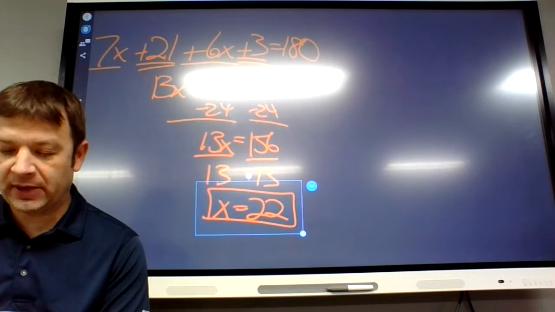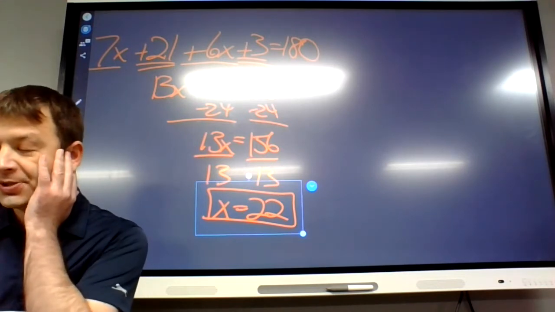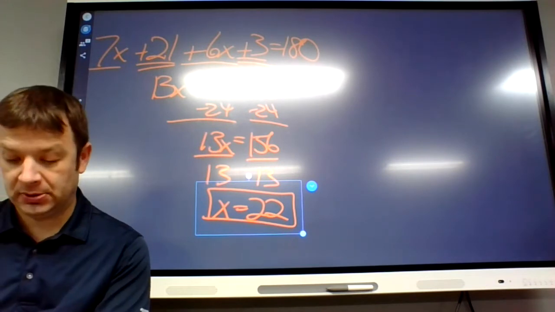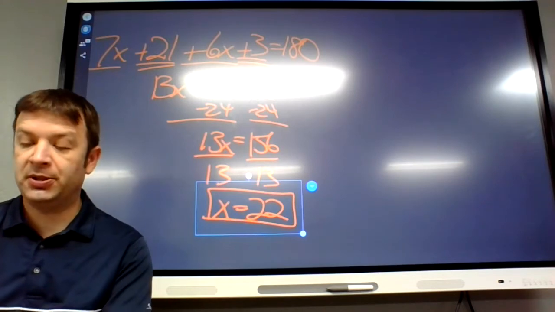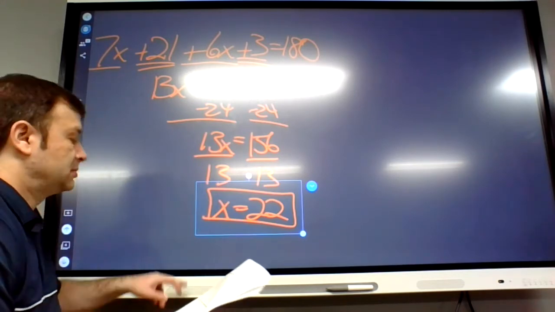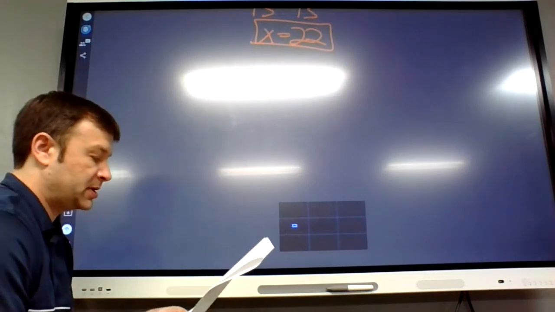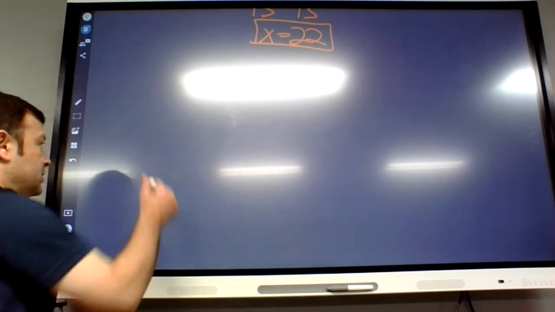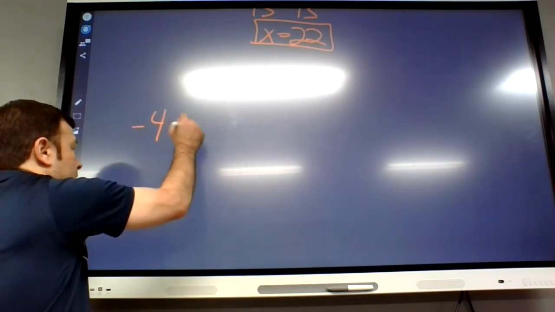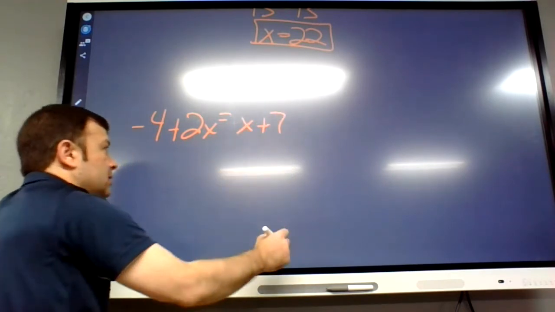On 17, it's not just asking for x anymore. So what do we need to do on 17? Solve for x, and then what? Plug it back in. So how do we set up 17? Negative 4 plus 2x equals negative plus 7.